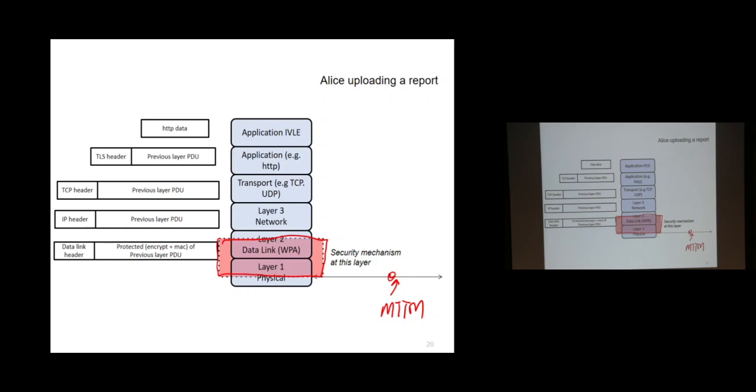If this session is protected by WPA, then even this entity who is a man in the middle at the physical layer is no longer a man in the middle at the application layer. Why? Because all communication is protected at this lower layer.